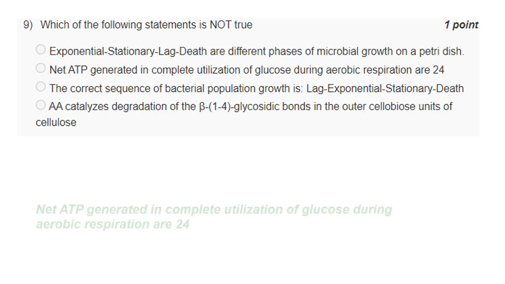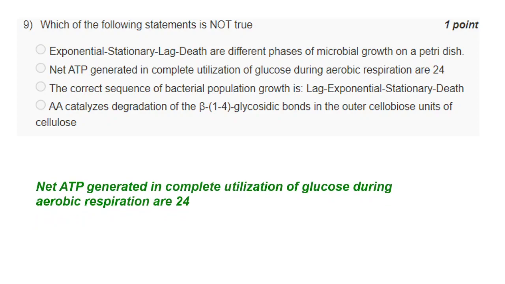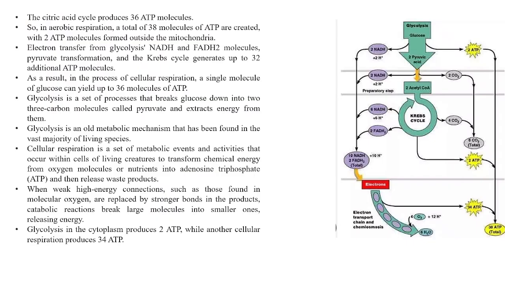So the second statement is false over here. The net ATP generated in complete utilization of glucose during aerobic respiration is 24. That's false because we already discussed it's 38 in total. In aerobic respiration we have O2, and the entire process involves glycolysis, the Krebs cycle, and then oxidative phosphorylation. Glycolysis produces 2 ATP and the Krebs cycle and the rest produce 36.